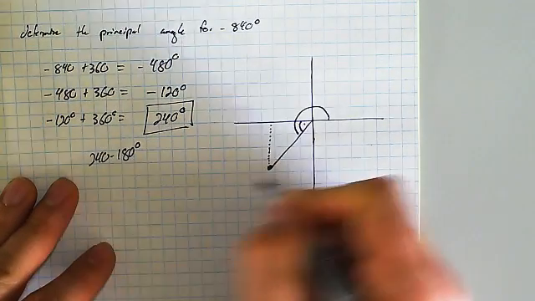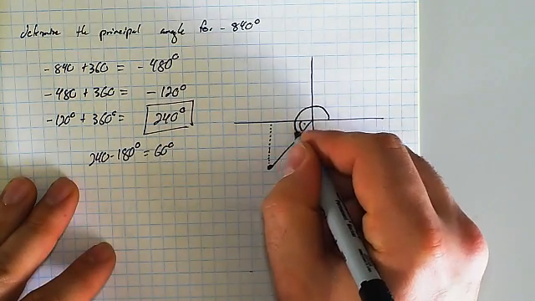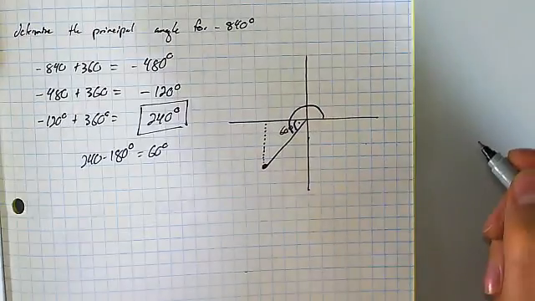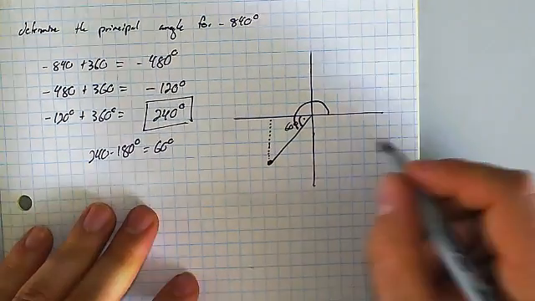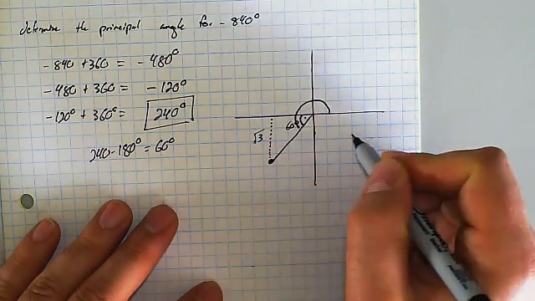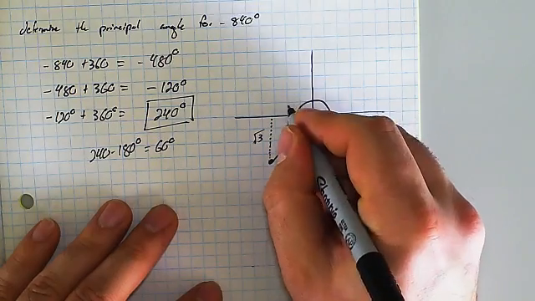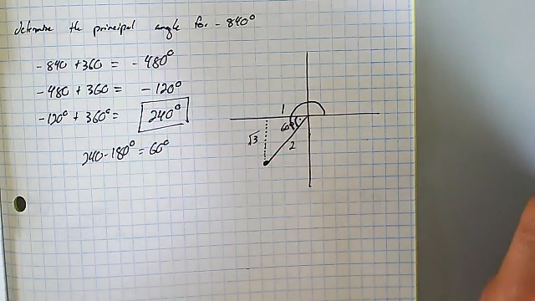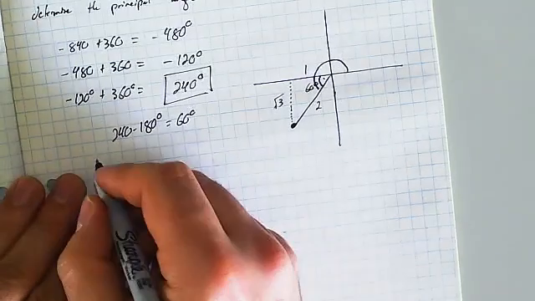This is 180 degrees up here, so I can go 240 minus 180 degrees, which gives me 60 degrees. So I know that this here is in fact 60 degrees. And if I think back to my special triangles, with 60 degrees here, this will be root 3, this will be 2 as my hypotenuse, and my adjacent will be 1.